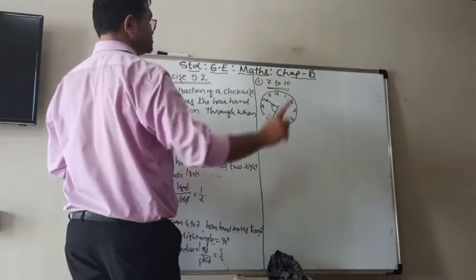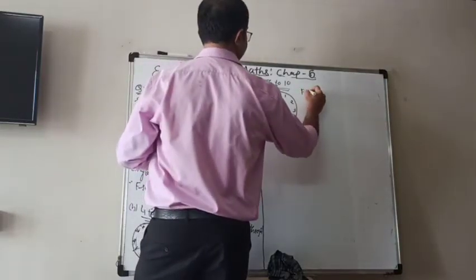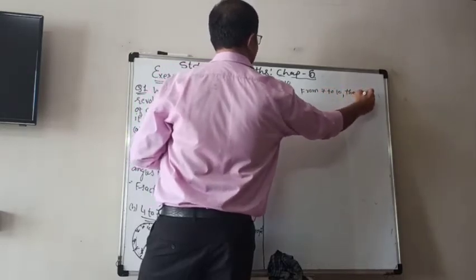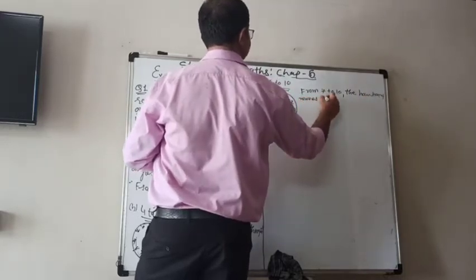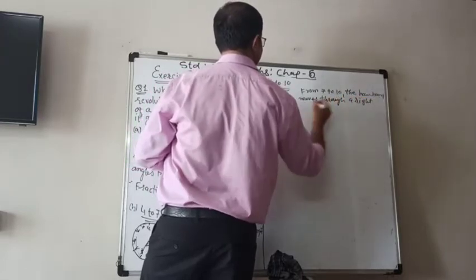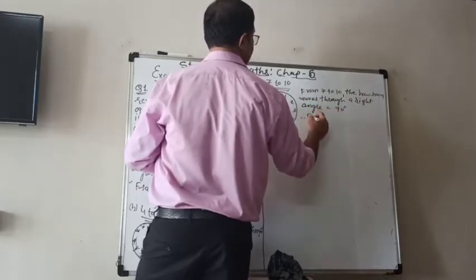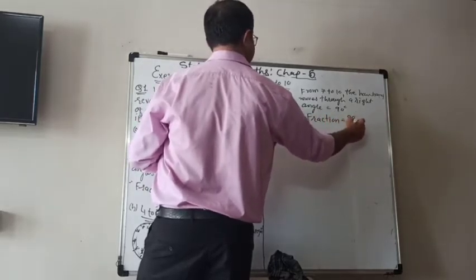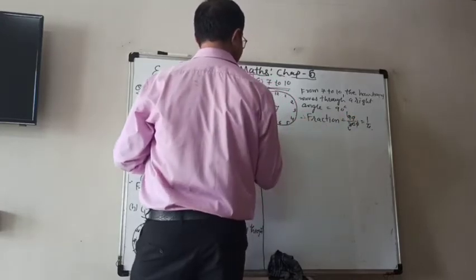Here also you can see that it is moving the same way, 1 right angle. So from 7 to 10, the hour hand moves through a right angle. That is 90 degrees. Therefore, the fraction is 90 upon 360. So here also it is 1 upon 4.